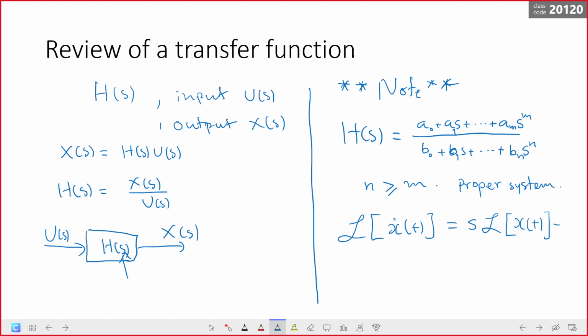Let's say this one is 0 for convenience.